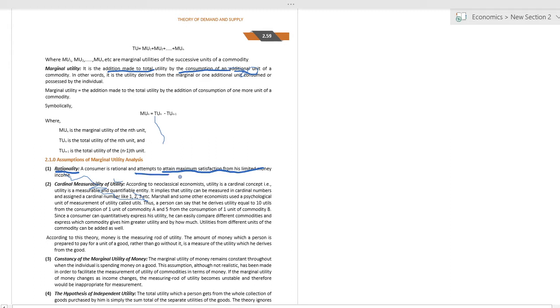So whenever they tell you that the consumer is rational, he'll always try to get the maximum satisfaction. And next thing is cardinal measurability of utility. This theory assumes that utility can be measured. That's how we got the marginal utility and total utility. The units of utility are utils.